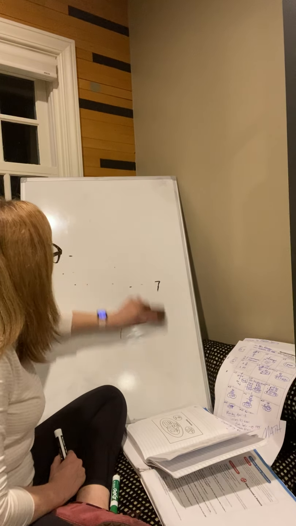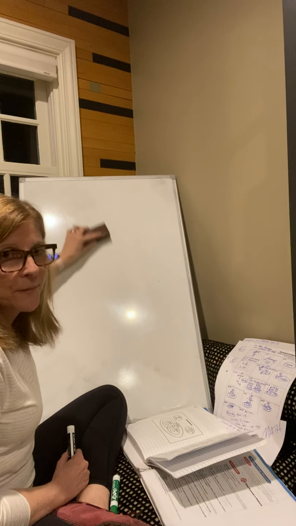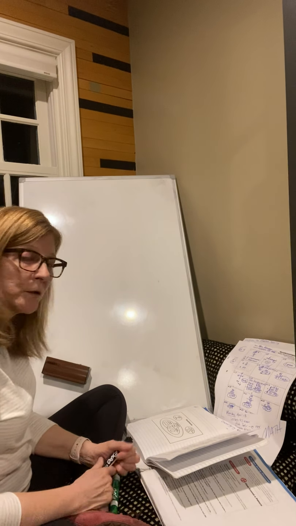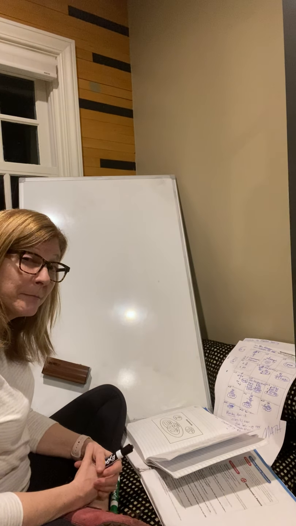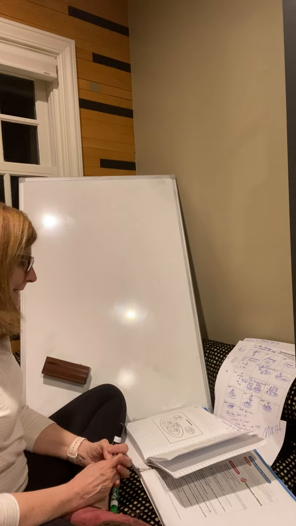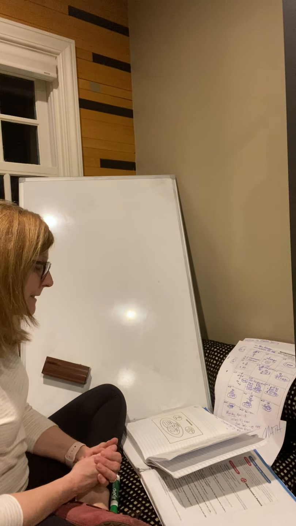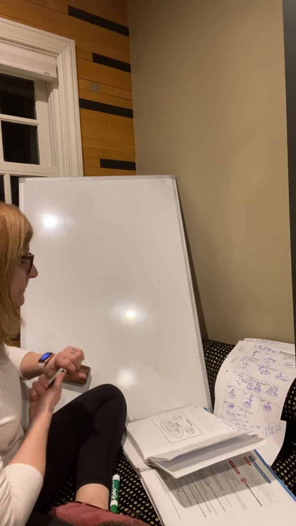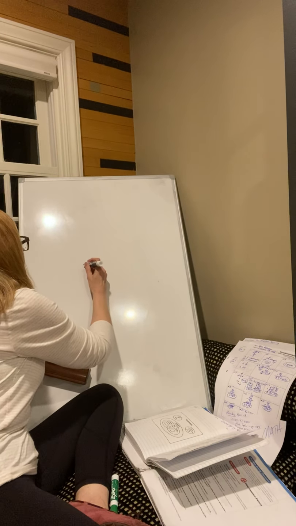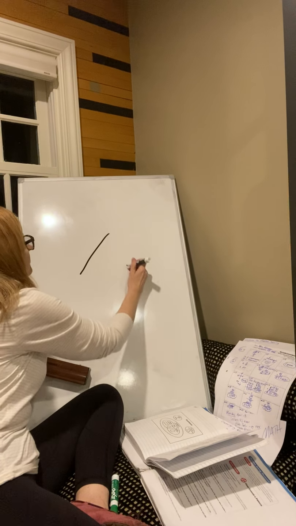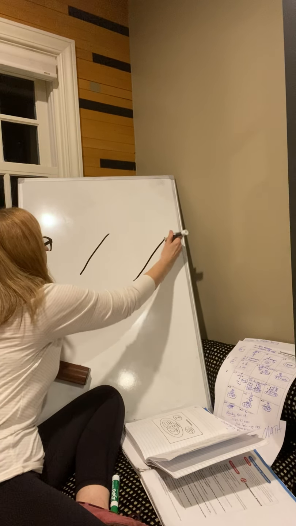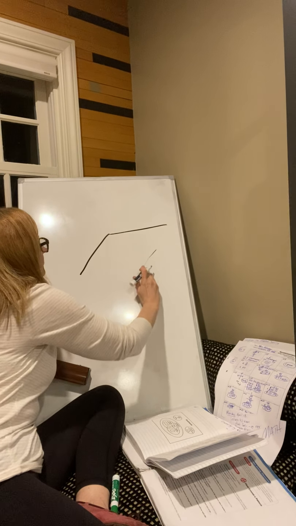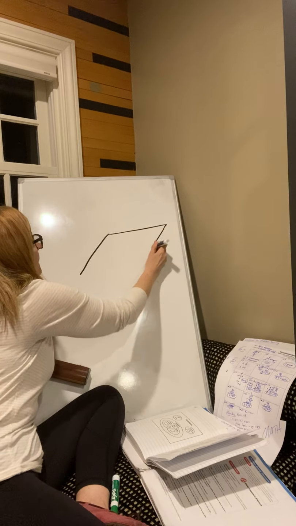I would like you to erase that. I want you to draw a rhombus. What is a rhombus? It's also known as a diamond. Maybe that'll give you a little hint. Sometimes it's called a diamond. See if I can get it drawn right.